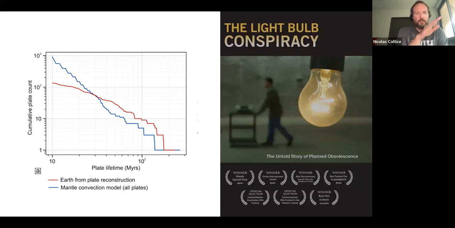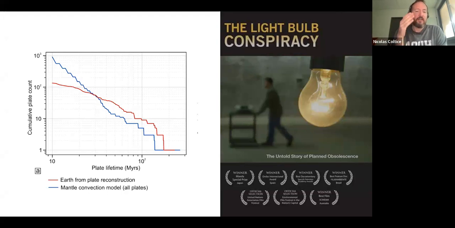And the sort of power law that we get for both observations is typical of a sort of planned obsolescence of the plate.